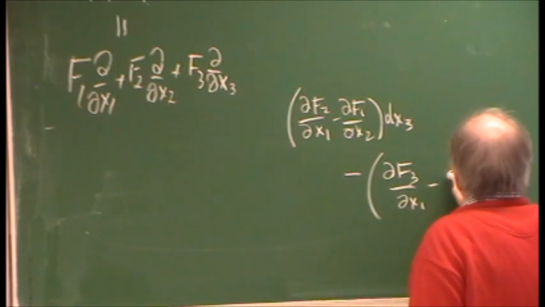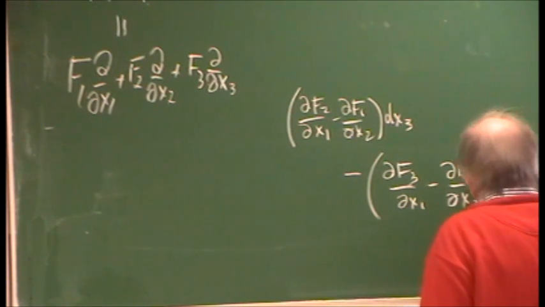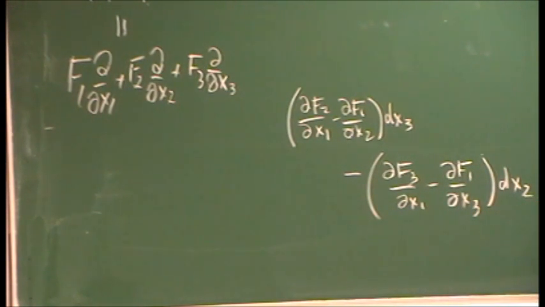dx1 minus df1 dx3 dx2. And then here, I have dx1 I want to get, but I put it through two things, so that's just a plus sign. So it's plus df3 dx2 minus df2 dx3 dx1.